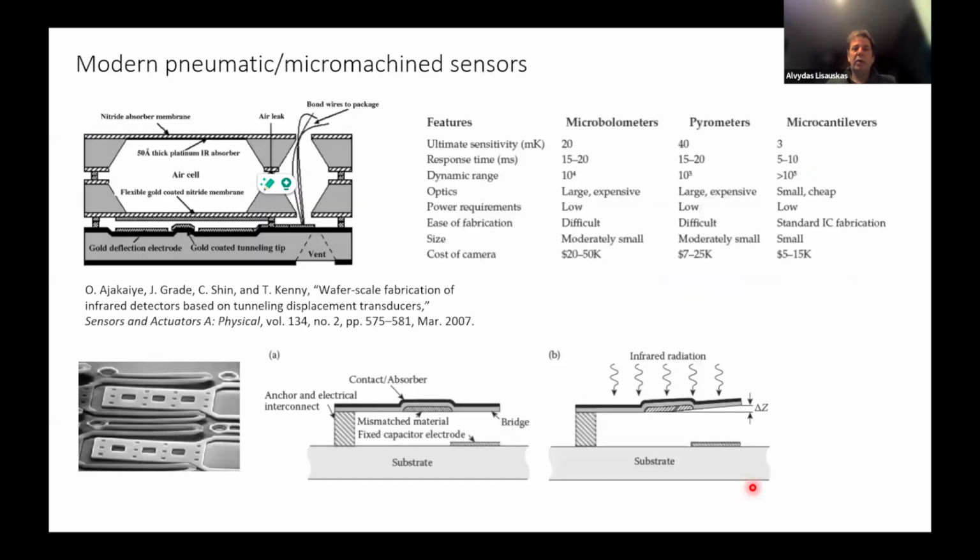Now, pneumatic micromachine sensors. There is now a big variety of devices where pneumatic micromachined sensors implement very similar cavities, and variations are measured not by an optical signal like in the Golay cell, but electrically in different ways. One can check, for example, the voltage created by bending of a membrane, and there are many ways it is implemented.